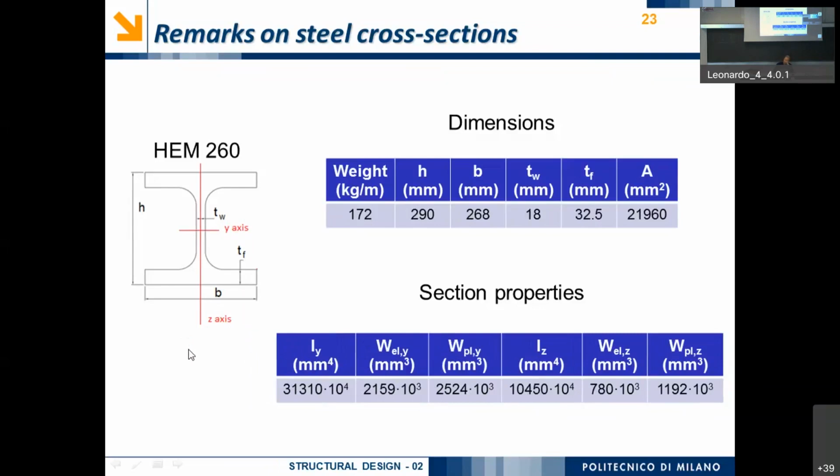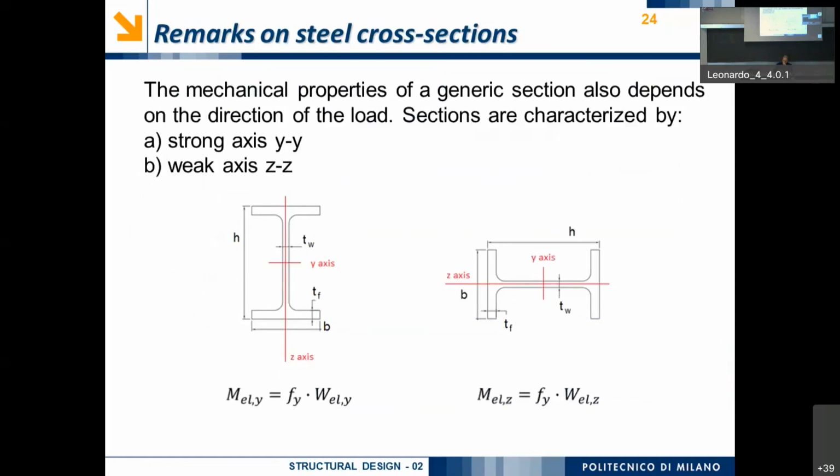Here I have summarized several types of cross-section because I will use this for computation. But before concluding my lecture, I would like to try to evaluate, even if in an approximate way, the value of the yielding bending moment in the Y and Z direction.